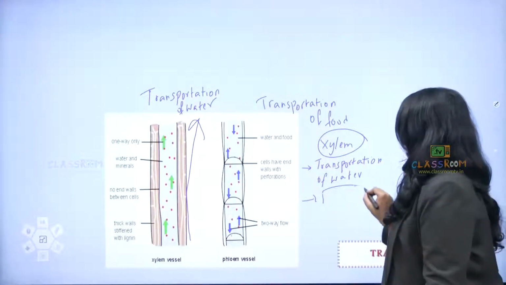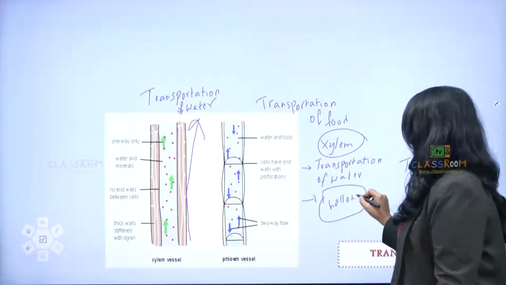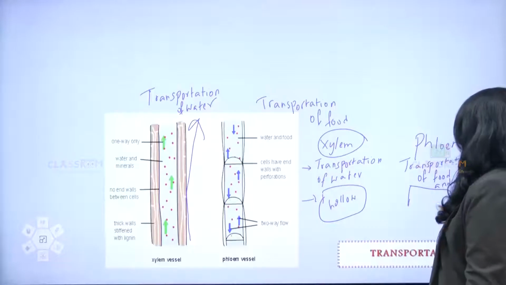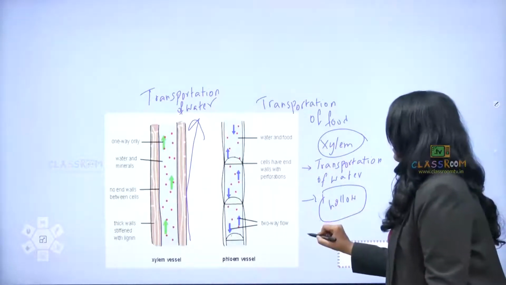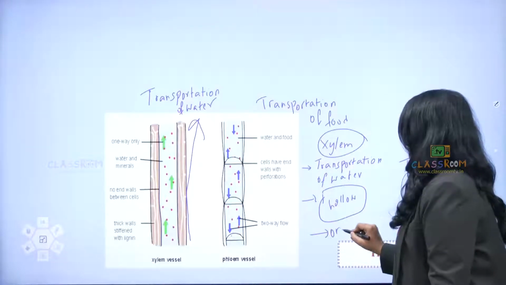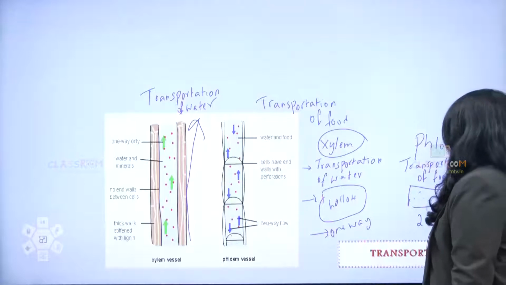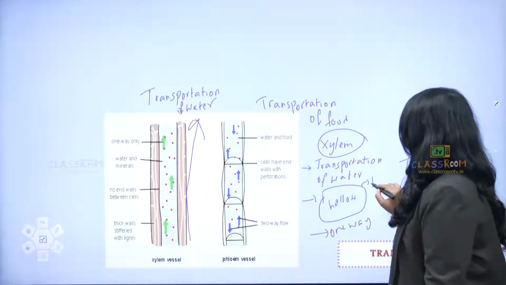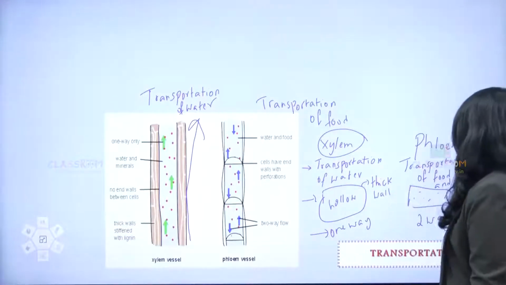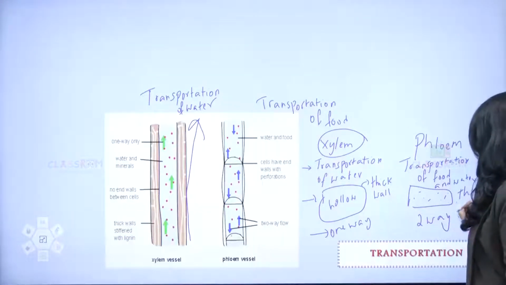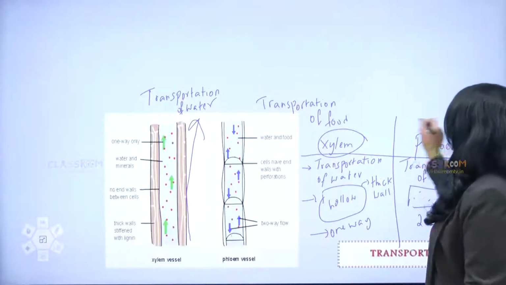Xylem cells are usually dead and they are hollow, whereas phloem cells have a pitted appearance. And this is a one-way transportation system and this is a two-way transportation system. The walls are thick in xylem, and thin in phloem. So these are the differences.